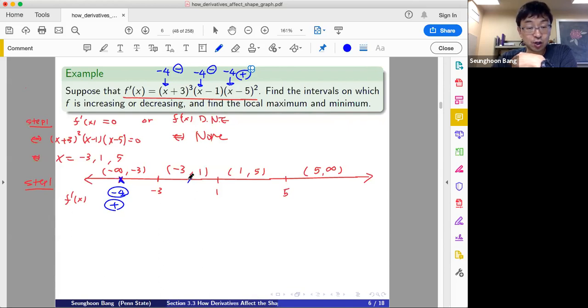You can choose a test number between negative 3 and 1. You plug in 0. What is the answer?